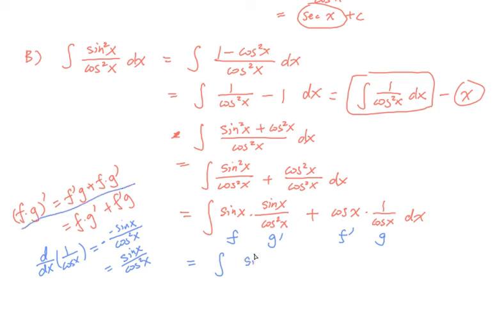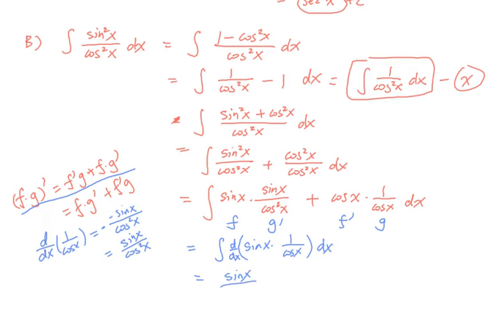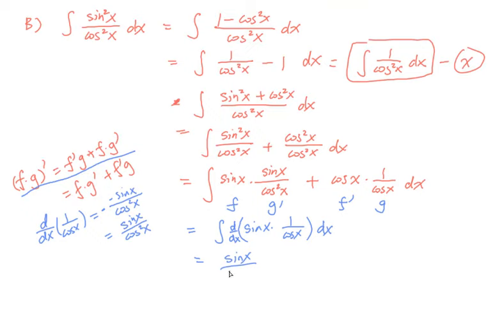It's basically sine x times 1 over cosine x, which gives you sine of x divided by cosine of x, and that will be the tangent x.